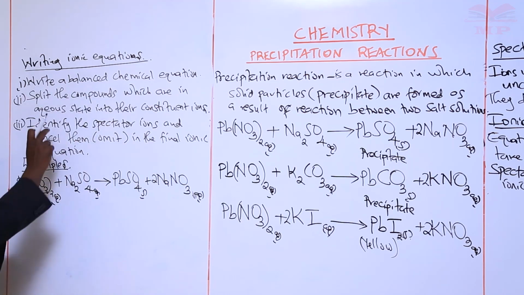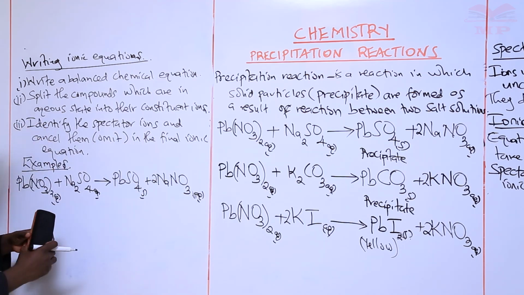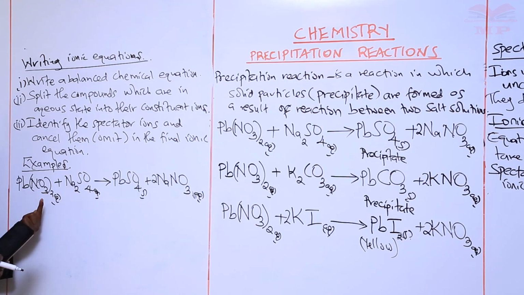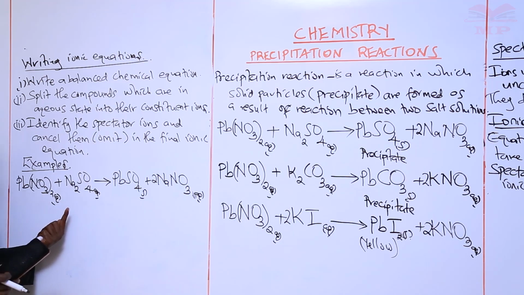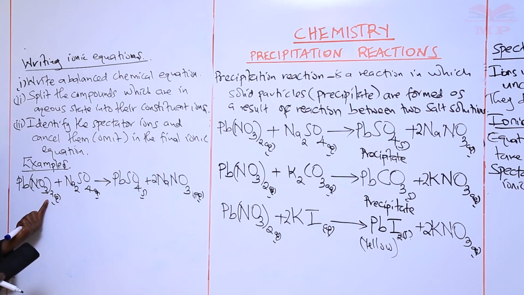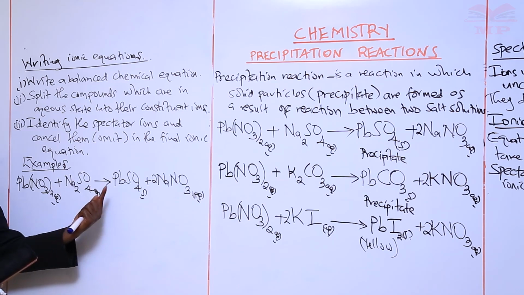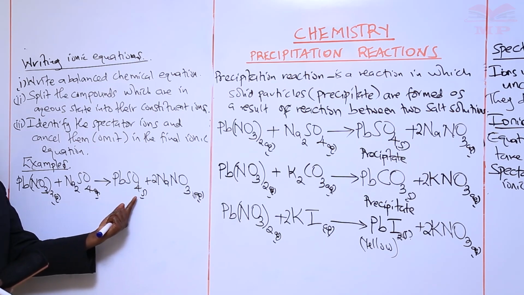We have done. Step number 2, you identify the compounds which are in aqueous state. In this case, you should be conversant with the knowledge of solubility. It's very important, especially when writing the state symbols of compounds in a reaction. So this is lead nitrate, it is aqueous. Sodium sulfate is also aqueous, but lead sulfate is solid.